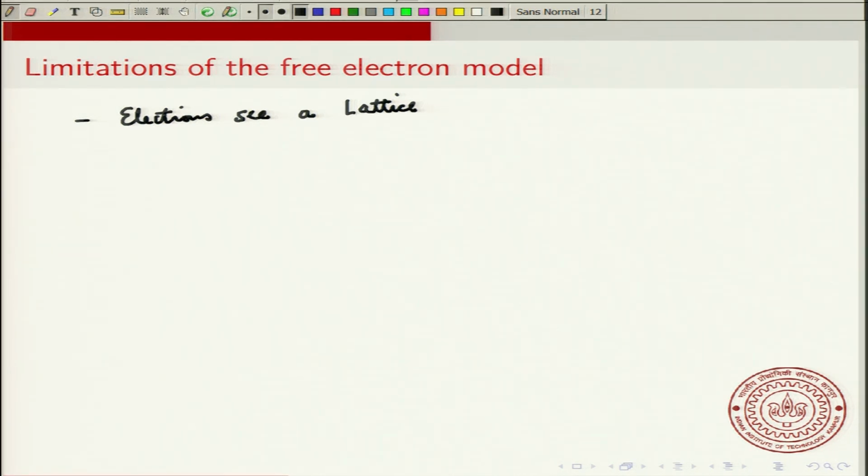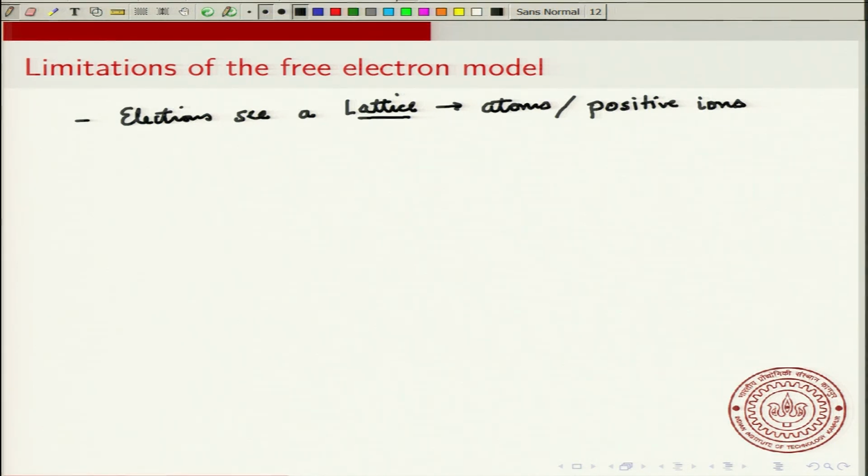The lattice has atoms, and since we removed the valence electrons from these atoms, what will be left is actually positive ions.